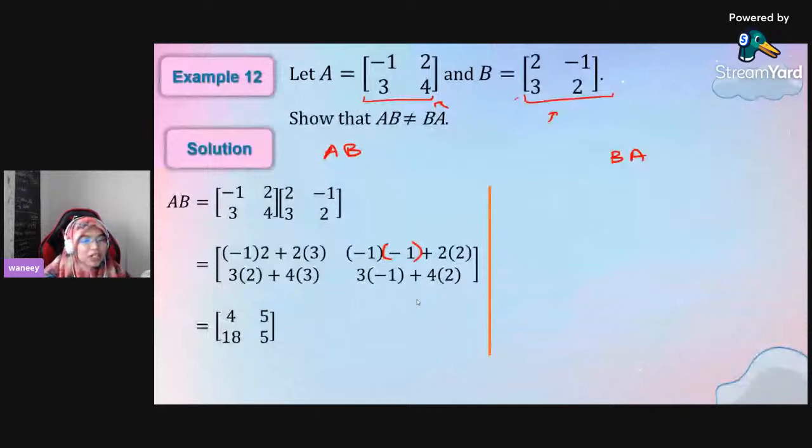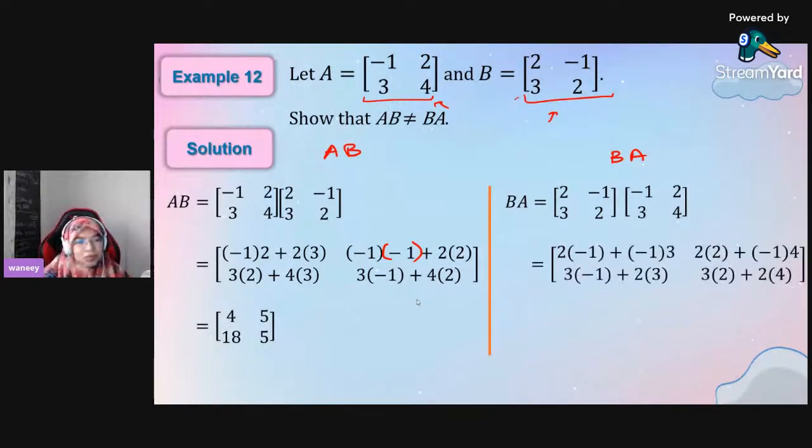Okay, and then you're going to calculate B times A. So 2 times -1 plus -1 times 3, and then 2 times 2 plus -1 times 4. 3 times -1 plus 2 times 3, 3 times 2 plus 2 times 4. Okay, and then you're going to simplify them a little bit.